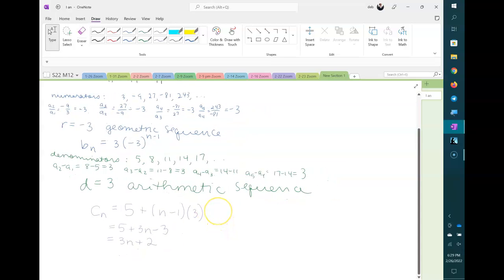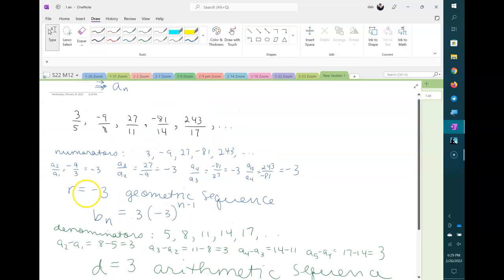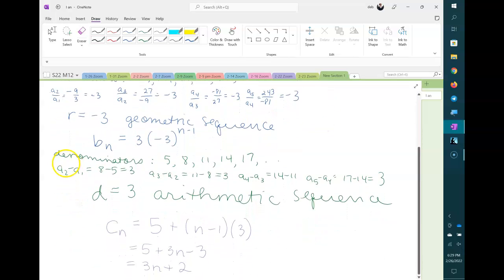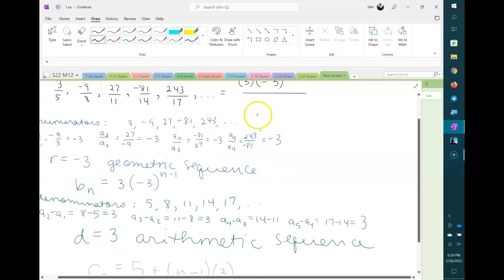So now we can write the given sequence, A sub n, as the sequence of the numerators, 3 times -3 to the n minus 1, over the sequence that describes the denominators, 3n plus 2.